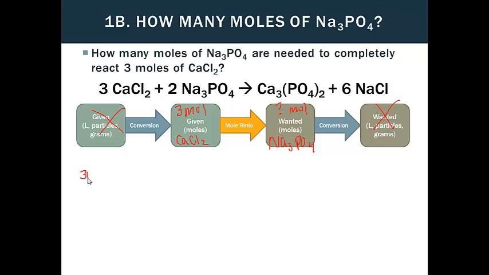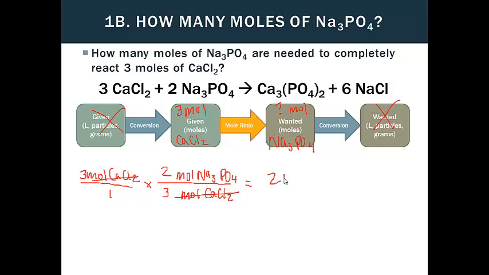So I've got 3 moles of calcium chloride over 1, and I put mole calcium chloride on the bottom. I want to convert this to moles of Na3PO4. According to my balanced equation, for every 2 moles of sodium phosphate, there are 3 moles of calcium chloride. So calcium chloride cancels, and I've got 3 on top of 3. That cancels out, so my answer is 2 moles Na3PO4.